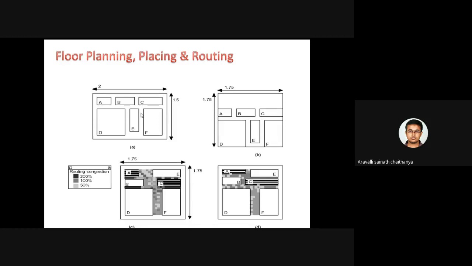So in system partitioning, my target is to optimize or to make less space in between the blocks, such that I need to place my blocks in a lesser amount of area. So this part of the area I am not using here.